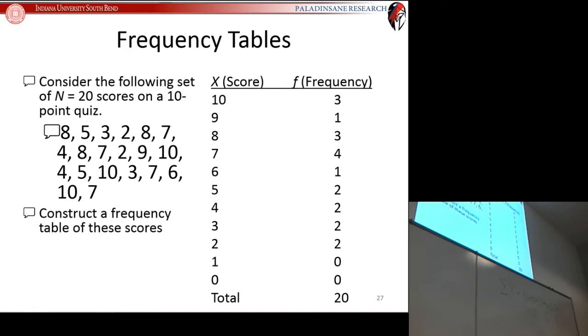All right, so you will see this type of a question in your homework. You will see this type of a question on the exam. Make sure that you are summing up what needs to be summed up. When they ask for the sum of the scores, they're not saying just sum this column. And in Excel, it's very, very tempting to do that because you know how to do it.